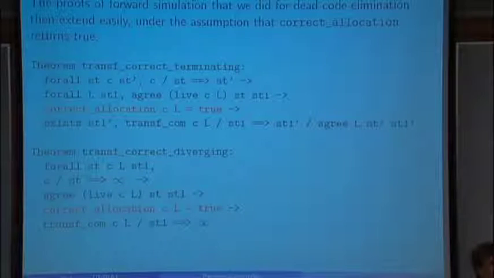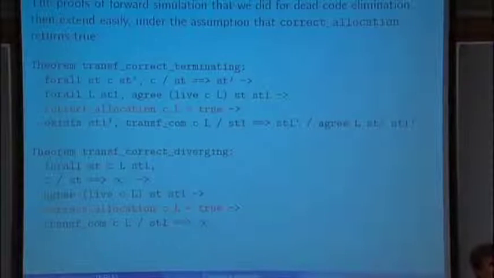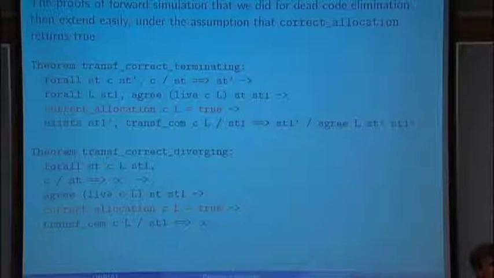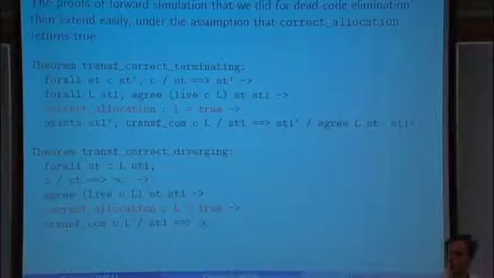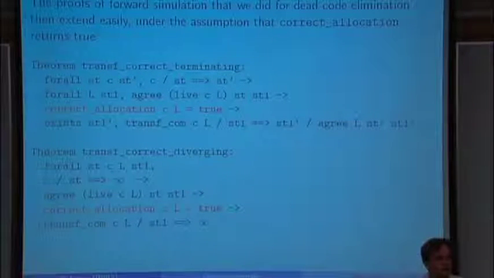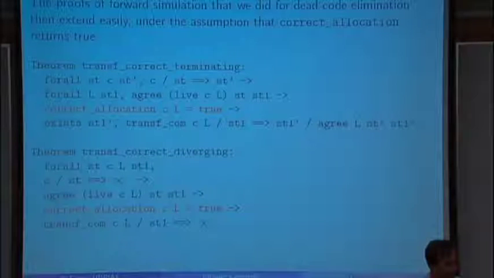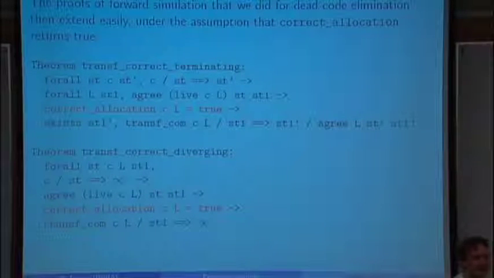Did you reuse the verified version of the graph coloring algorithm? Personally, no. I'm pretty sure Benoit Robillard, the PhD student, did that and connected it with the CompCert compiler. And you're going to ask about performance or quality of allocation.